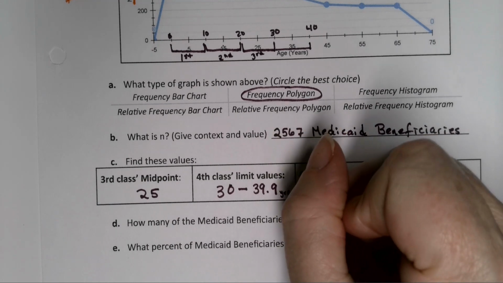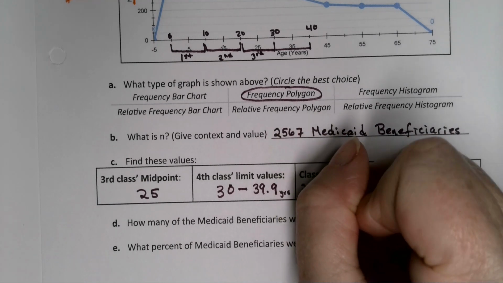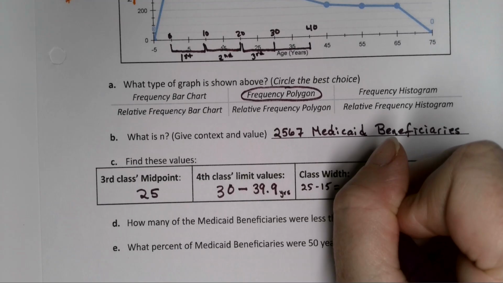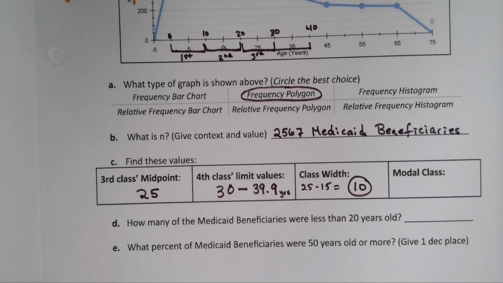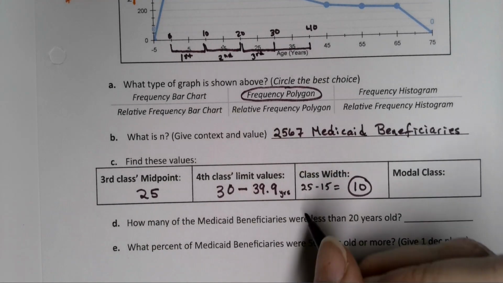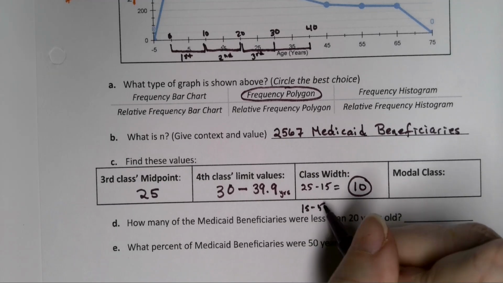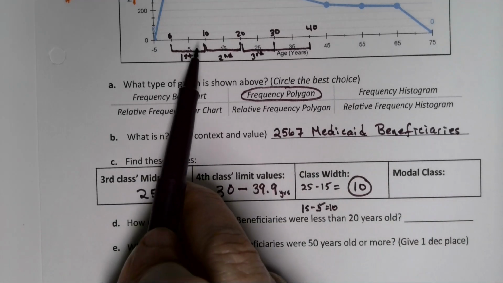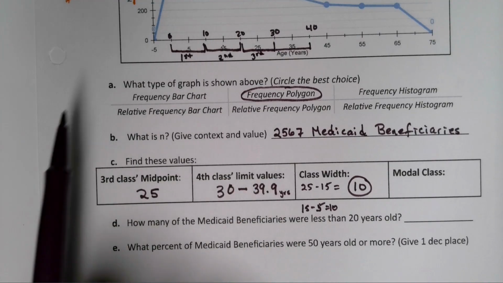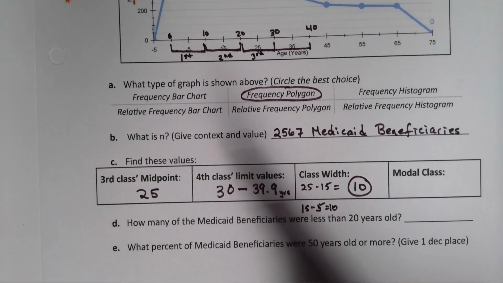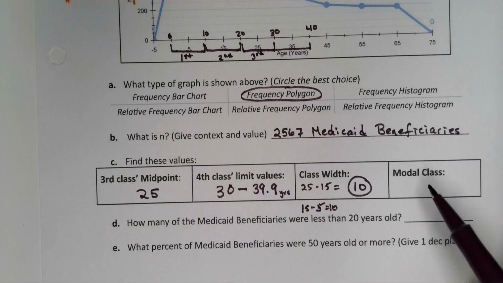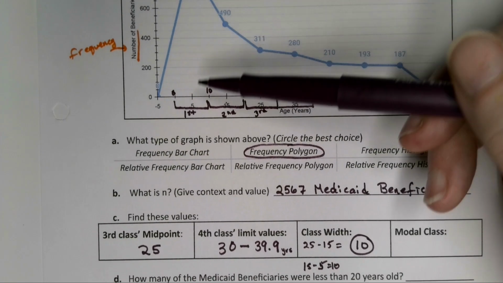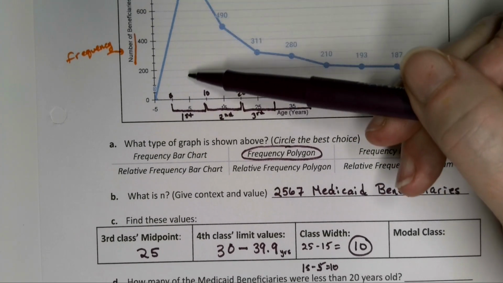So you could take 25, take away 15, and you would get 10, right? Or if you like, you could take 15, take away 5, and you would get 10. Or if you want to use the limits, you could take 20, take away 10, and that would get you 10.